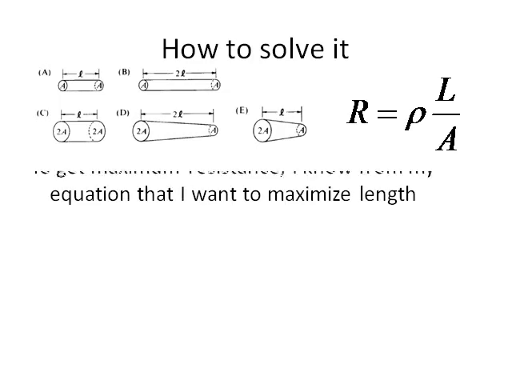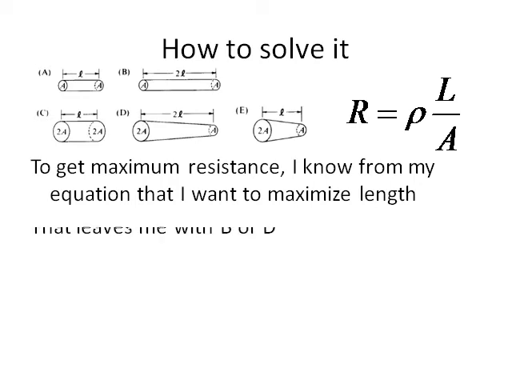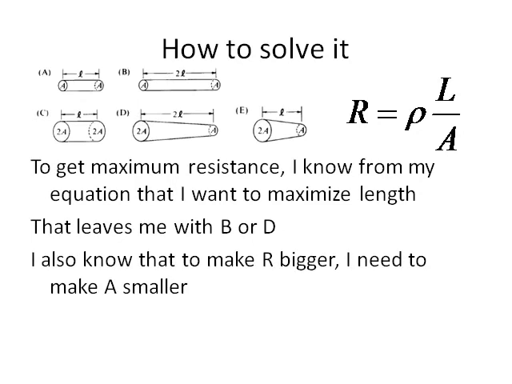Okay, so now to get maximum resistance, I know from the equation that I want to maximize the length. That leaves me with B or D. I also know that to make R bigger, I need to make the area smaller. Between B and D, they both have cross-sectional area A at the right-hand side, but D has a bigger area on the left.